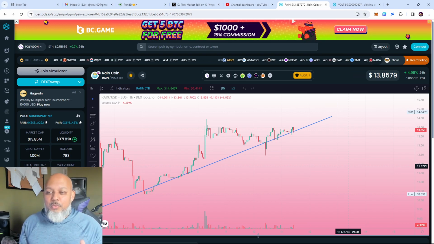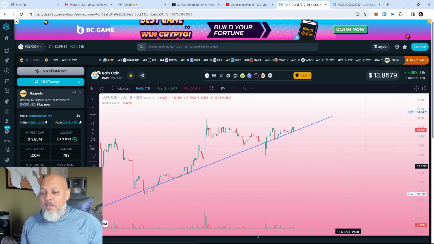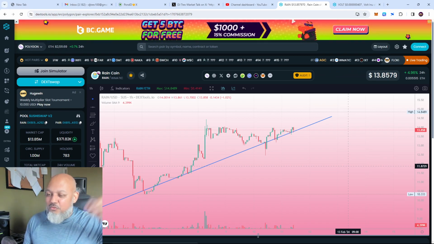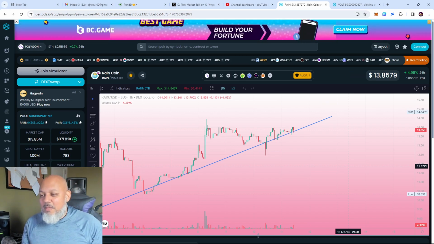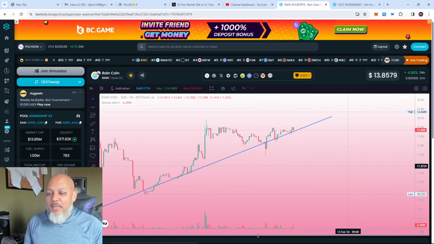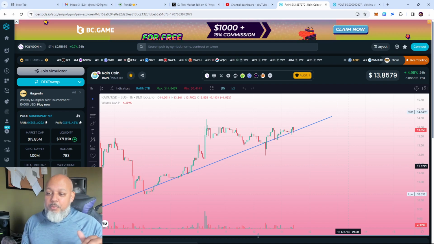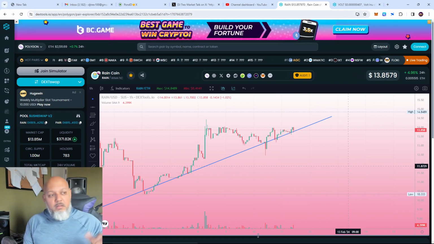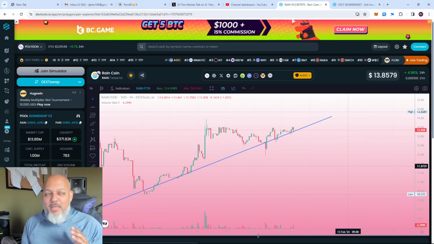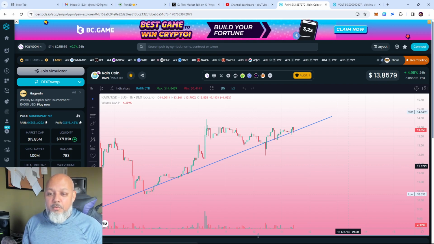Once we break through that area, you can't tell the future. I can't tell the future. But I feel like, staying on this trajectory that we're on and keeping in line with what's been happening with this thing, once we break that $14 and stay there for half a day or whatever, I think we're going to see an exponential, humongous pump from that point.